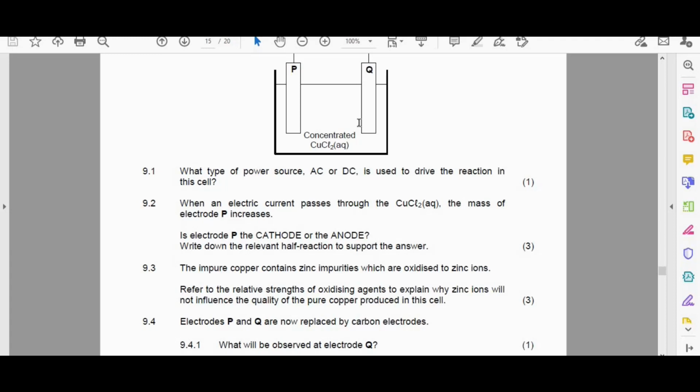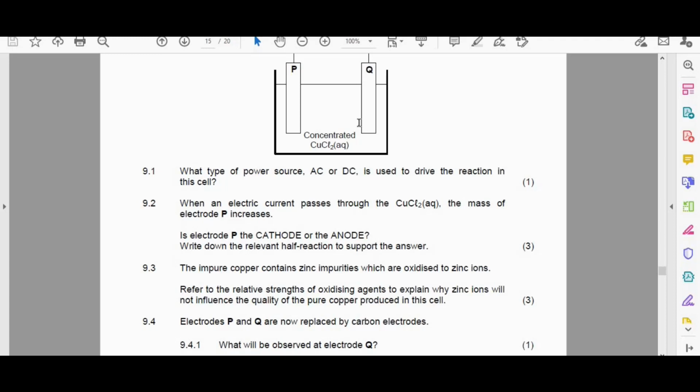What's going to happen now that the electrode is carbon? According to science and chemistry, there will be chlorine bubbles around the electrode. That should be available within every textbook as to why that happens.